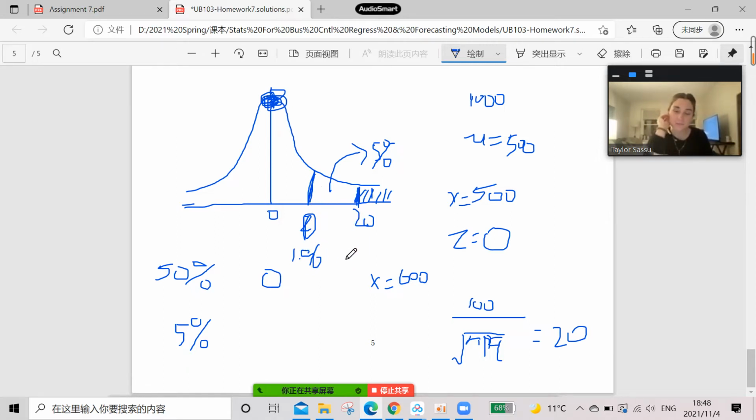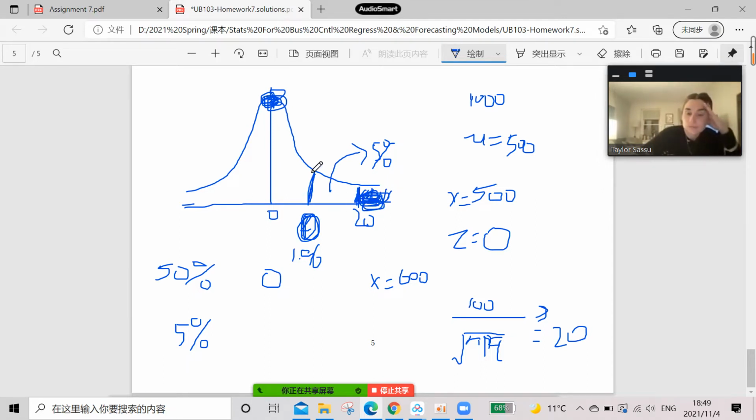if I get a z-score which is higher than 1.96, then it means my z-score is on the right of my z critical value. It's on the right, no matter if it's 20, 15, or 12, as long as it's greater than 1.96. Then I reject the null hypothesis. Why? Because the probability of finding a z which is greater than my calculated z is the area here, and this area is less than 5%.